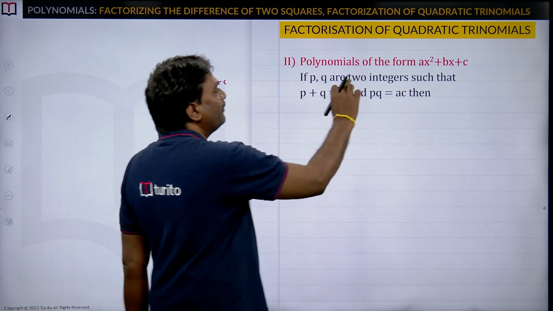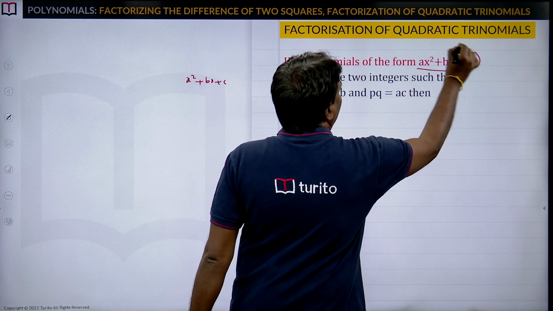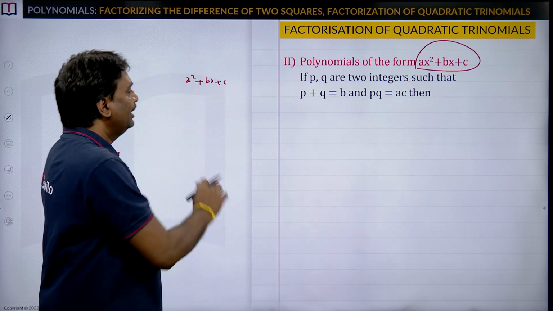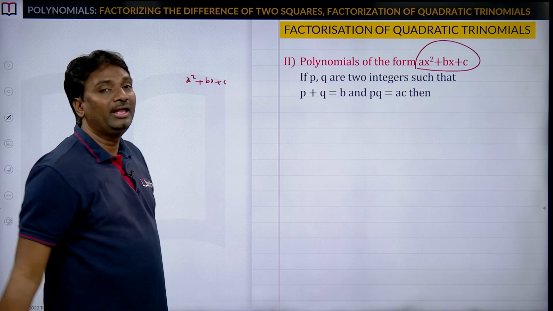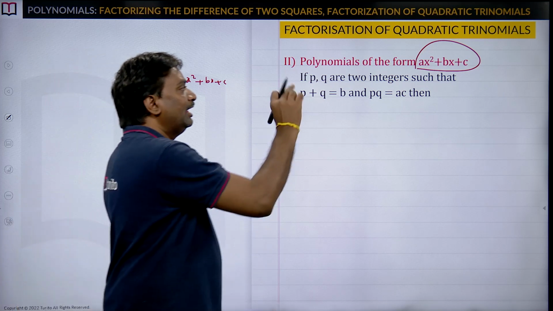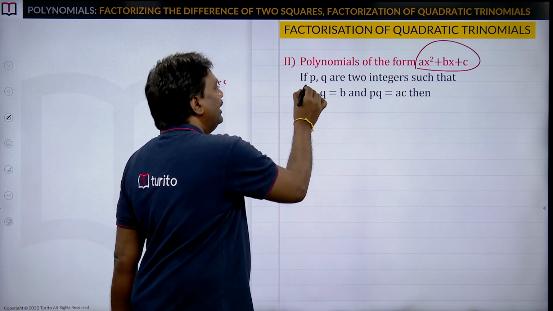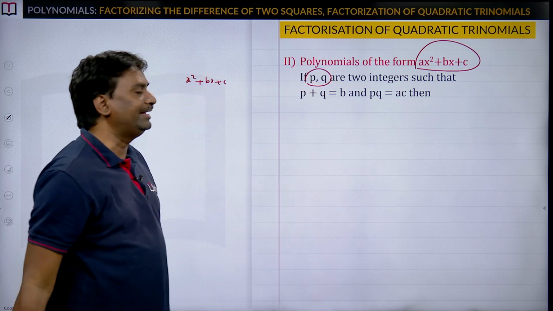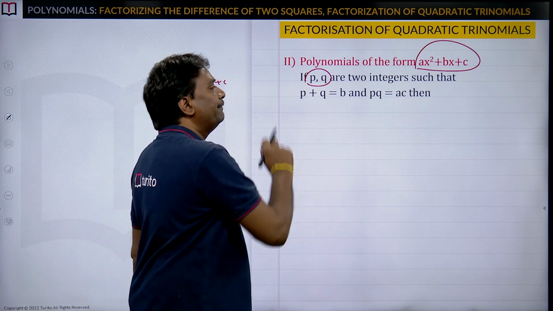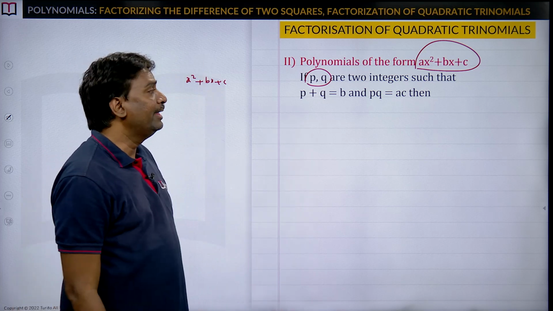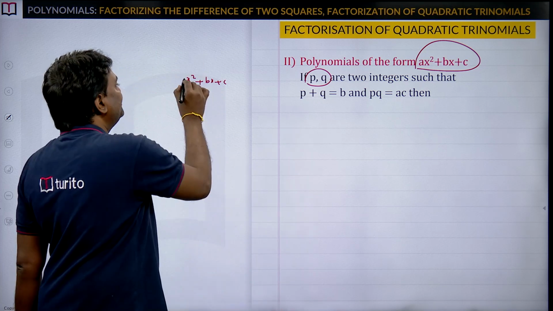If the given polynomial is of the form ax square plus bx plus c, and we suppose that p and q are two integers, positive or negative, such that p plus q equals b and p into q equals ac.